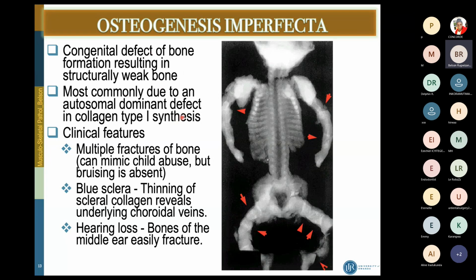So this disease is most commonly due to an autosomal dominant defect in collagen type 1 synthesis. So understand, here it is an issue of collagen fibers. So the children present with multiple fractures of the bone. And sometimes you can say maybe this child has been abused.